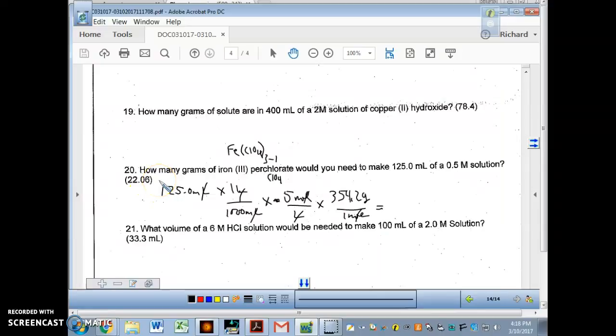And we're going to hopefully get somewhere around 22.06. 22.1 I got, so very good. I got a little hair more than that. I think they're doing a little more rounding, the source I got these problems from. So we'll call it 22.1. And actually it's only 1 sig fig, so technically 20 would be the correct answer on this one, 20 grams.